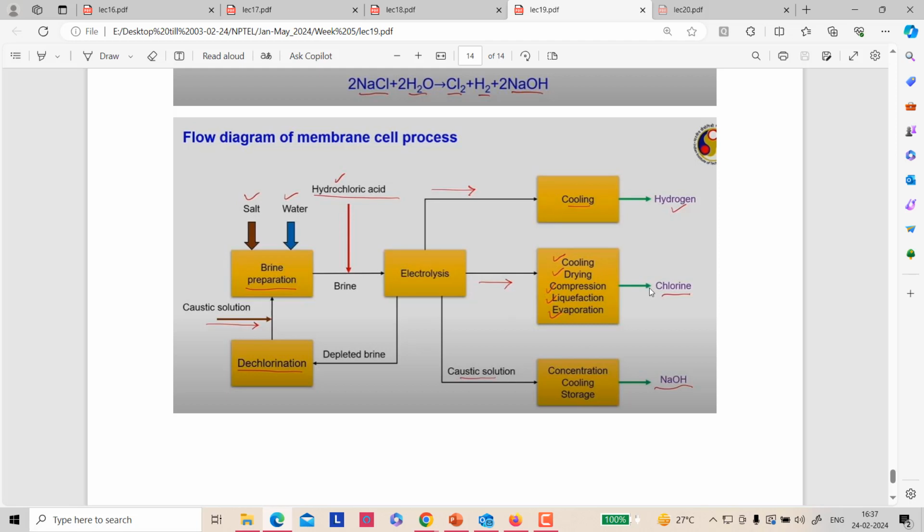In the other chamber chlorine is produced, and purified chlorine is obtained by cooling, drying, compression, liquefaction or evaporation. So these are the 5 steps in the membrane cell process to produce chlorine from the electrolysis chamber.